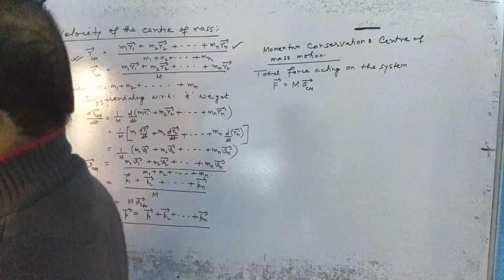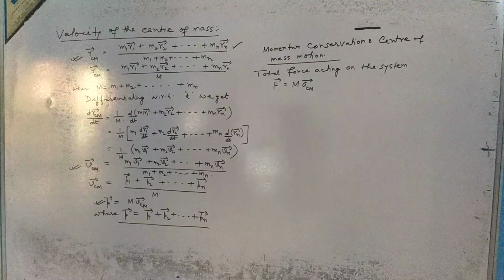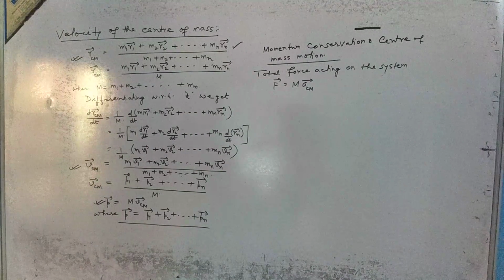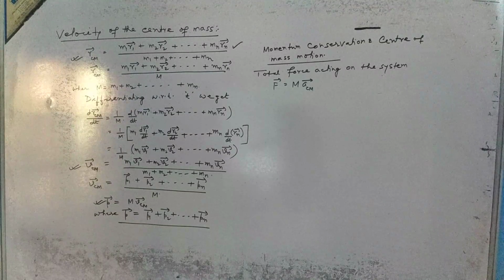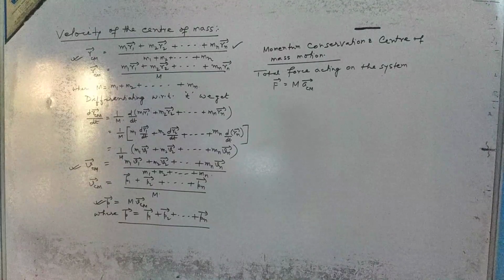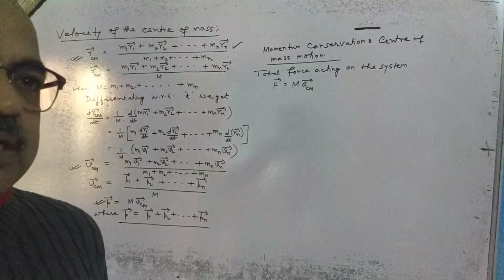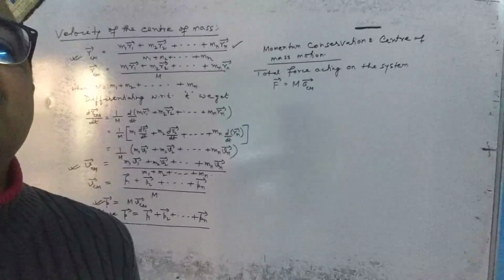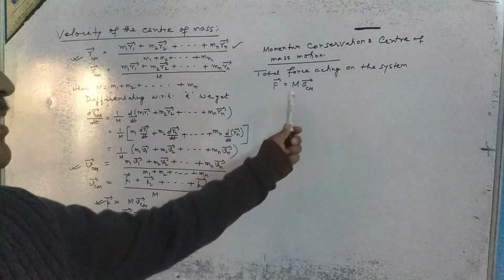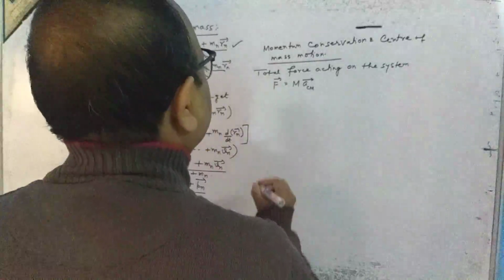Look, simply Newton's second law. According to Newton's second law, the total force acting on the system is equal to the total mass into the acceleration of the center of mass. Again, I am repeatedly reminding you that center of mass is the point where the whole of the system is supposed to be concentrated. So whose acceleration will we take? The center of mass's acceleration. Okay?